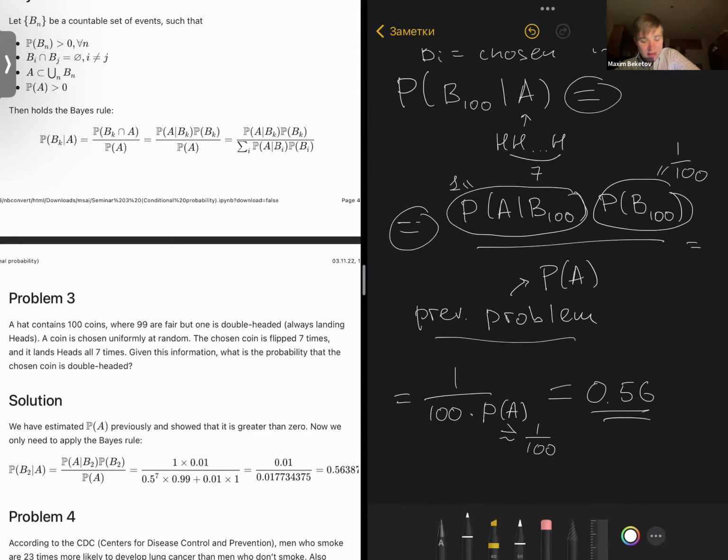Sounds reasonable, even though there are 100 coins and 99 normal coins. If you see 7 heads, it is enough evidence to say that it was that last one with probability larger than 1/2.